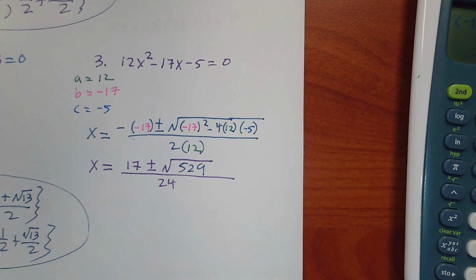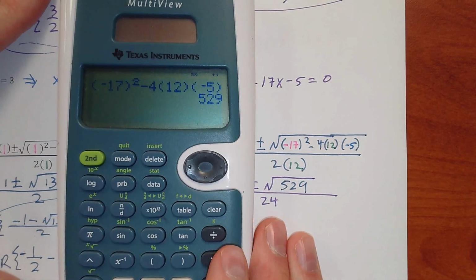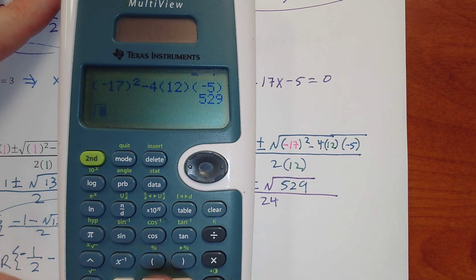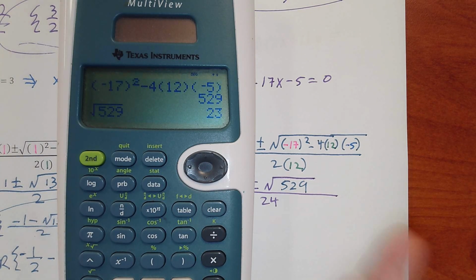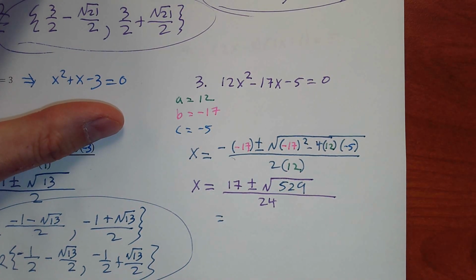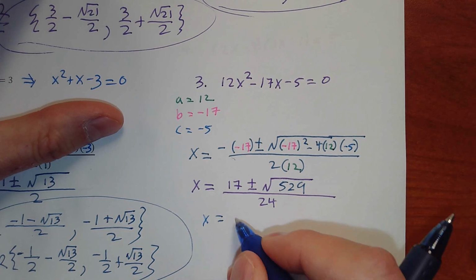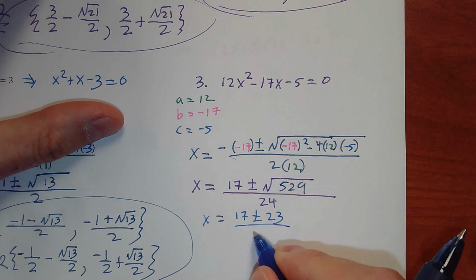Now, let's see if we can simplify the square root of 529. Well, that's 23. So all of a sudden, this is now 17 plus or minus 23 over 24.